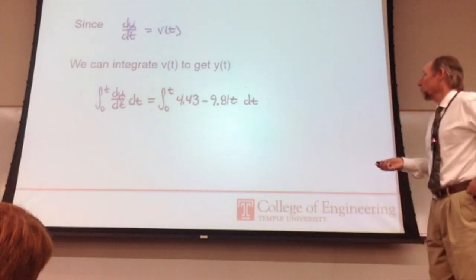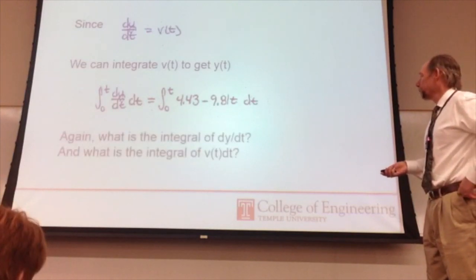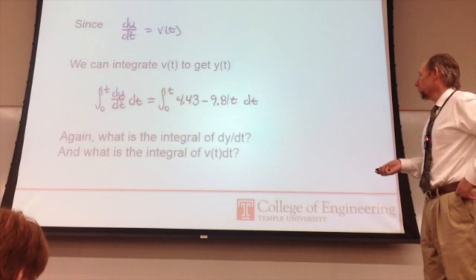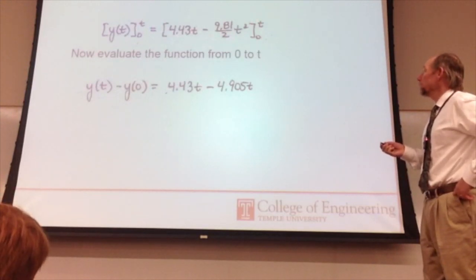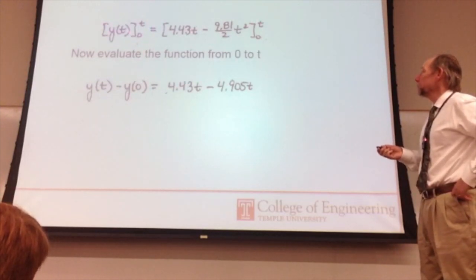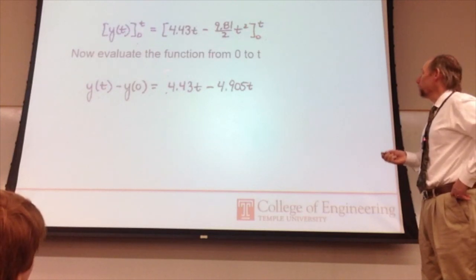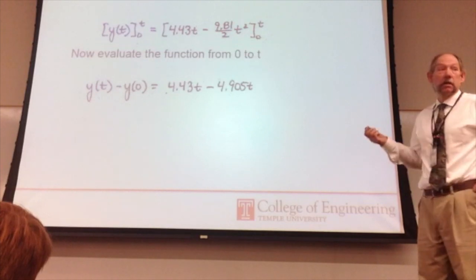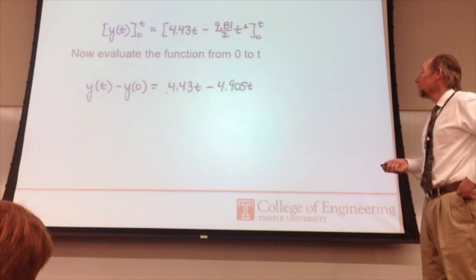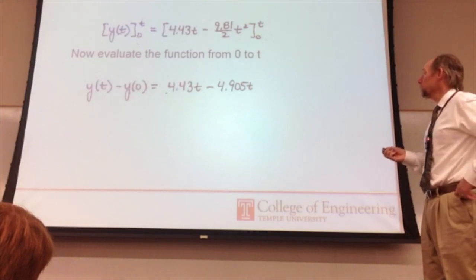So these are pretty straightforward integrals. I just told you what the integral of dy dt is. This is the integral of the derivative of position, evaluated from 0 to t. Again, if you plug 0 into this function, it goes to 0, so we can drop that out. And the position at any time minus the initial position is simply equal to this function.